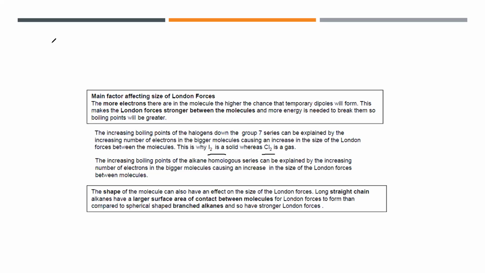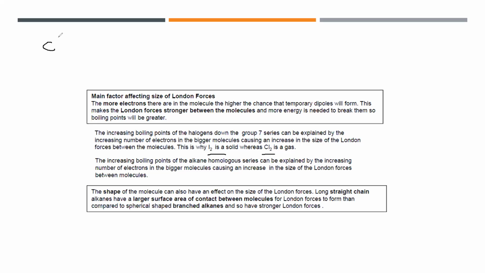Same thing for a homologous series. A homologous series has certain properties: they have the same method of preparation, the same general formula, and each member differs by CH2. Physical properties gradually change.